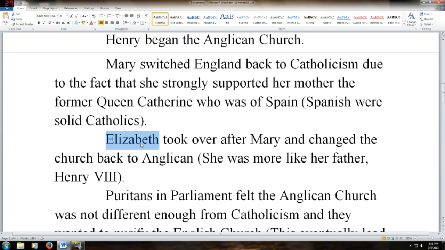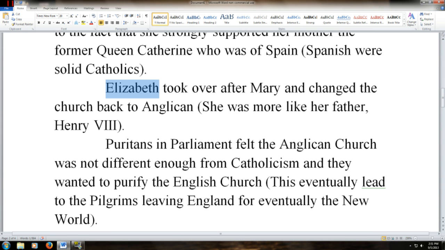So Elizabeth took over after Mary, and she was good with the Anglican way, and she reverted the Church of England back to the Anglican system. And the Parliament was on her side again, not fearful of what Mary had done. However, many members of Parliament were what's called Puritans, one of the terms that's in your book. And these Puritans wanted to purify the Anglican Church.